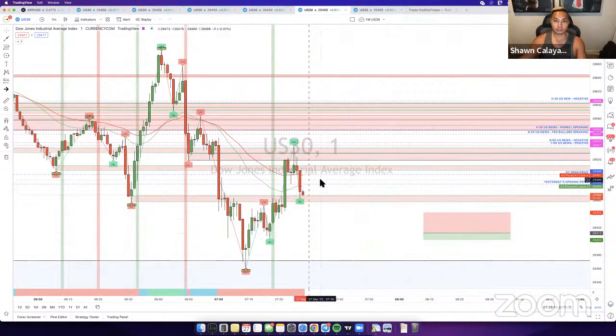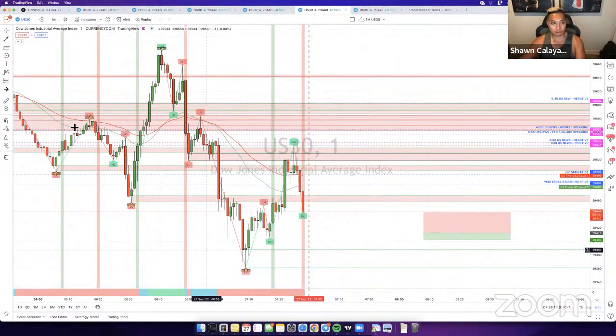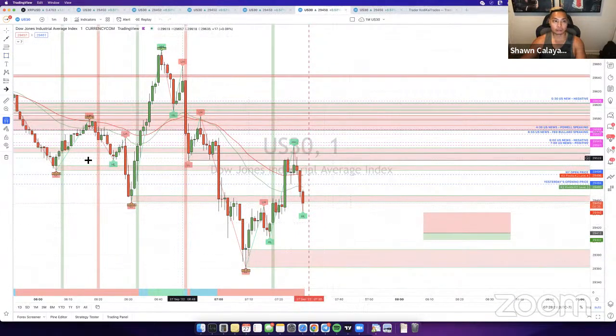All right, so we got the sell signal here pending. We got news coming up in about 2 minutes, unfortunately. We got a new zone down here. Let's take off that 10-minute because we do have a new one here on the 1 minute. Check the zones, make sure they're good. This one's gone.